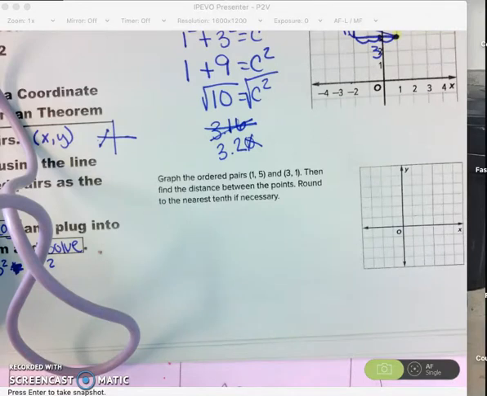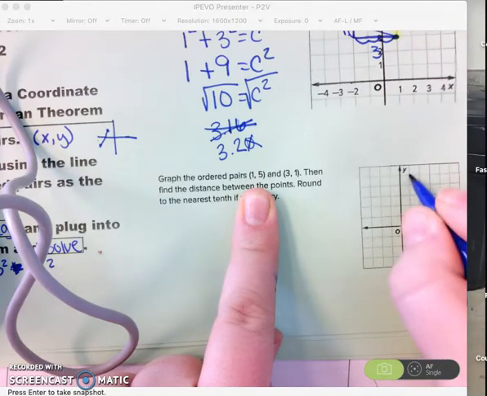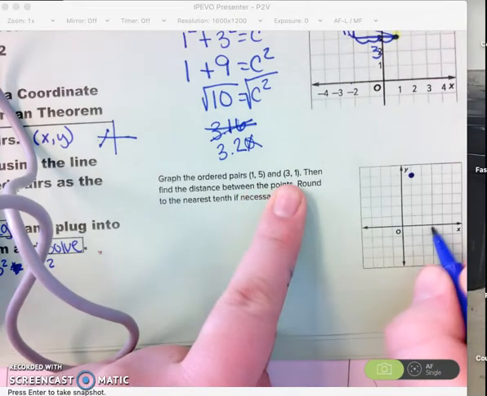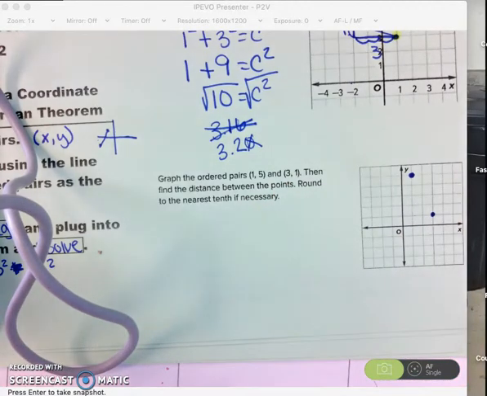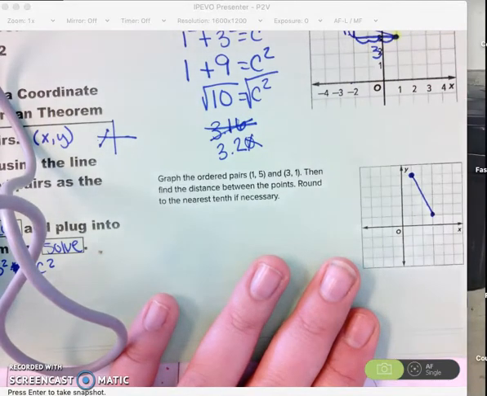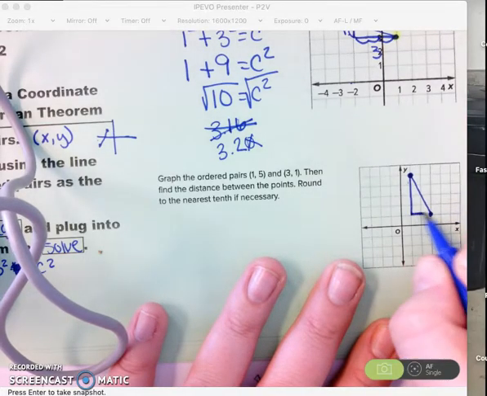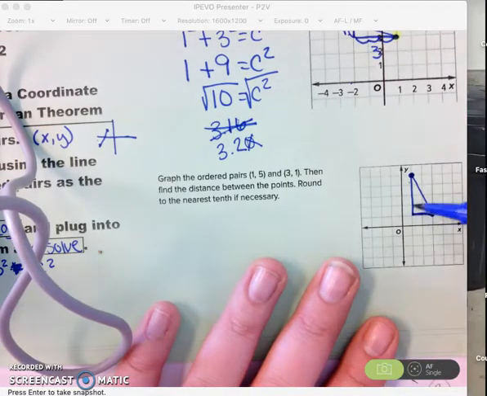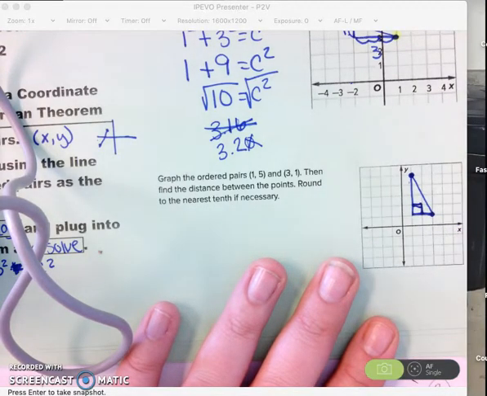And my last problem, 1, 5, over to 1 and up to 5. So 1, 2, 3, 4, 5. Over to 3, 1, 2, 3, and up to 1. So connect these two. And then I want to connect it with my horizontal and vertical lines. Do you see how these two create my right angle? So these two are my legs.